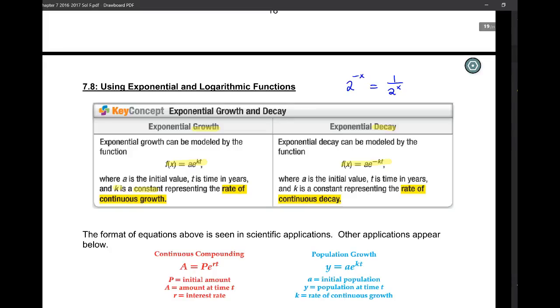I get 1/2. What happens when x is 2? 1/4. So it gets smaller. What happens when x is 3? Right, 1/8. So you can see as we have a negative exponent, because we know we can switch that, what happens is the denominator is going to get bigger and bigger and bigger, which makes the actual number smaller and smaller and smaller. Make sense?